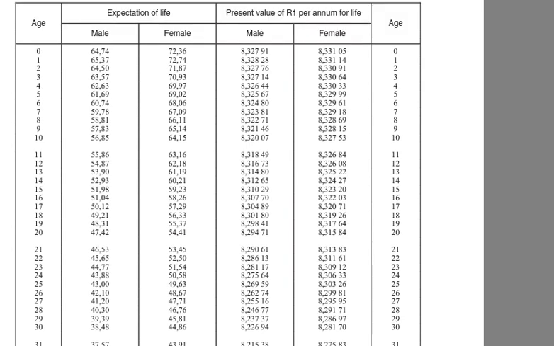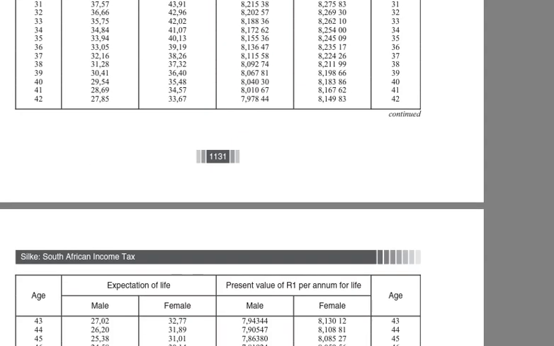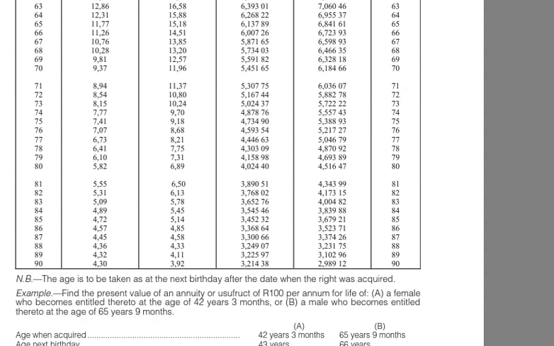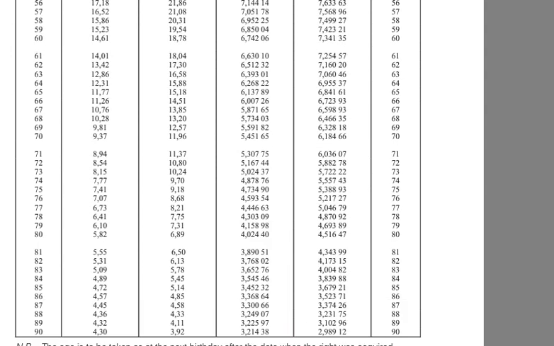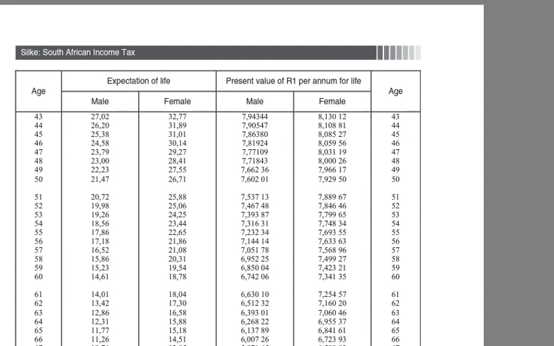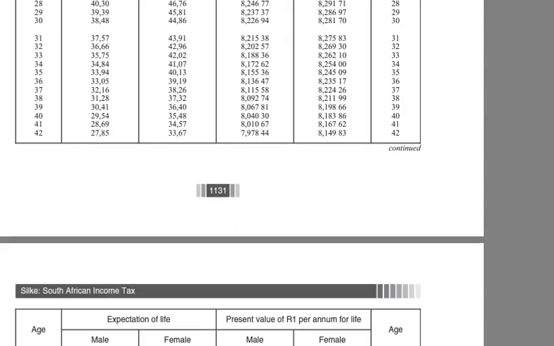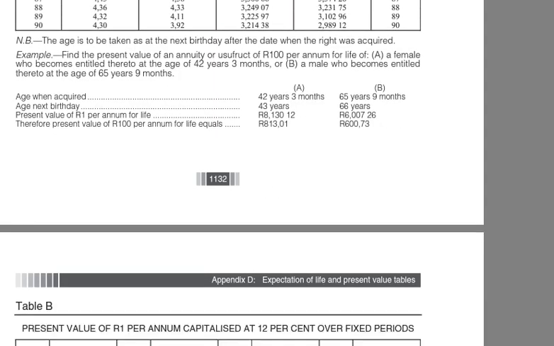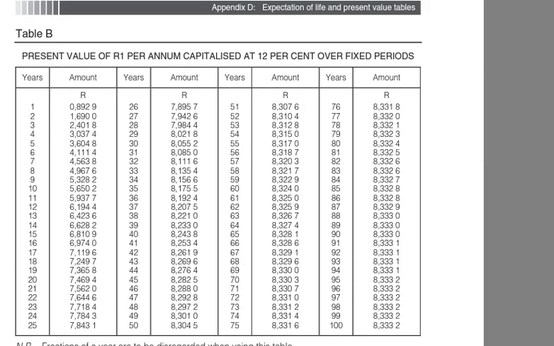It just has these summaries for you. Okay, so that's table A, and table B is just the present value of R1 per annum capitalized at 12% over fixed periods. So if there's a fixed period, then you need to look at table B. Okay, but we'll look at an example now.